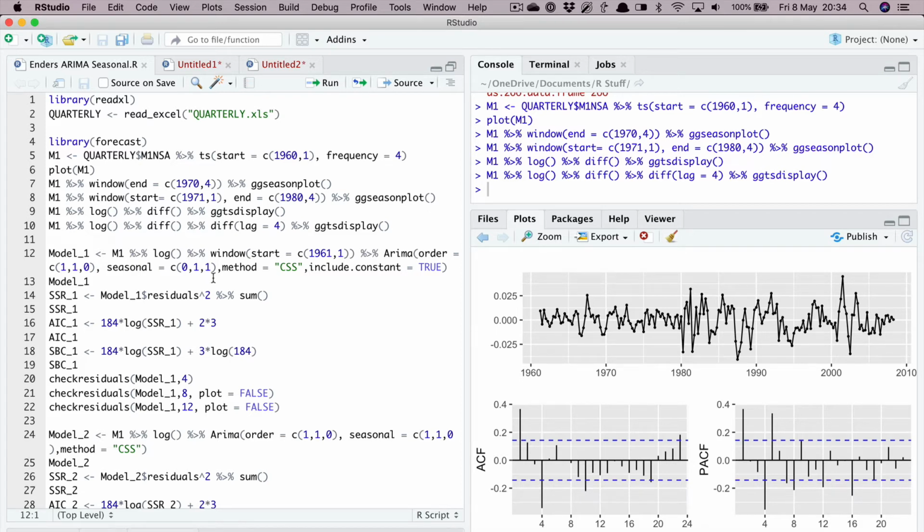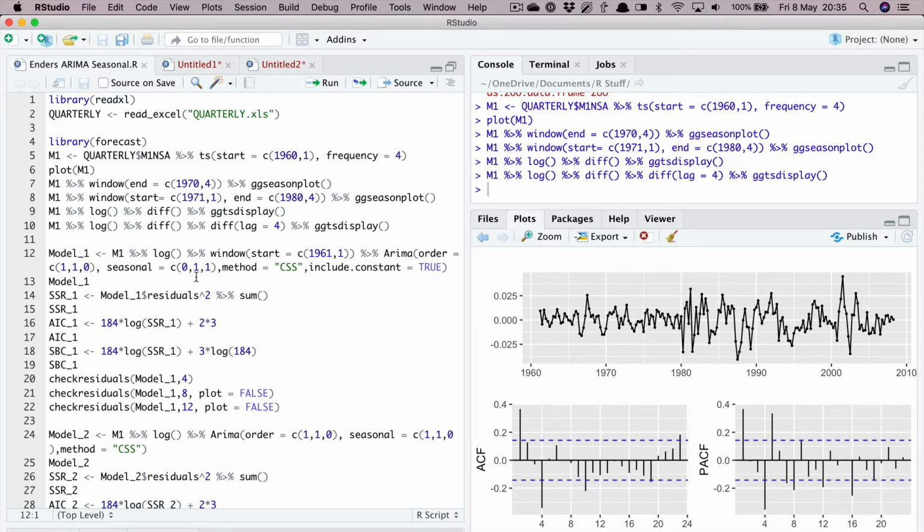So this first model has one autoregressive element at lag 1. We did, of course, take a normal first difference, so that's there. No moving average elements here.